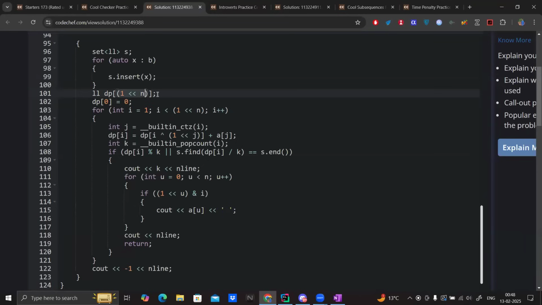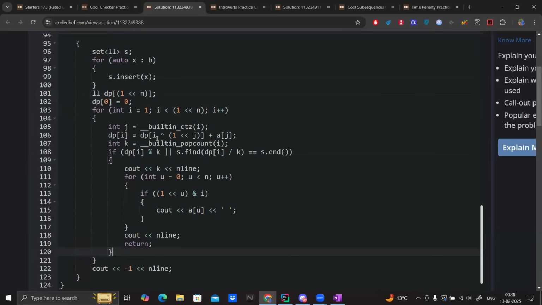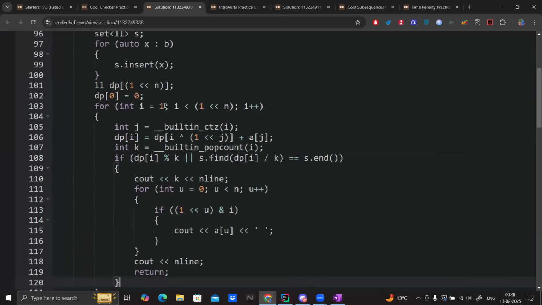So I just iterate over all the subsets in 2 to the power n, and this is the whole brute force. Let's say I want to find the answer for i, like dp[i] I want to find. So i means the mask i.